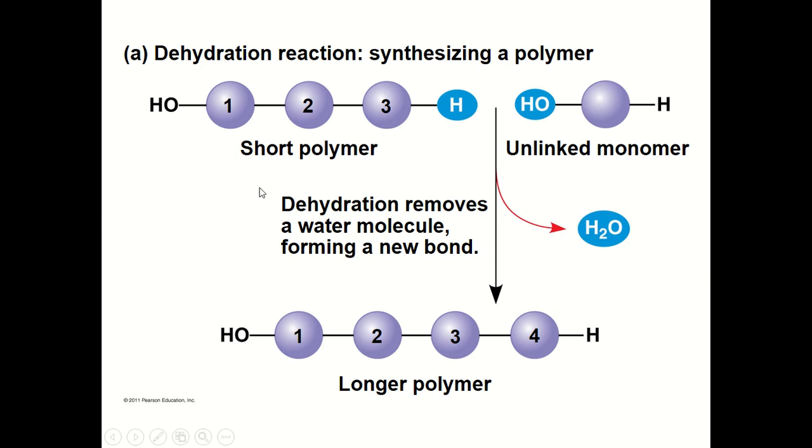So this is the example over here. Dehydration: this is a short polymer and this is a monomer. We want to link them together, synthesizing a polymer. The water molecule will be removed through the dehydration process and thus it forms a new bond over here, and it forms a longer polymer.